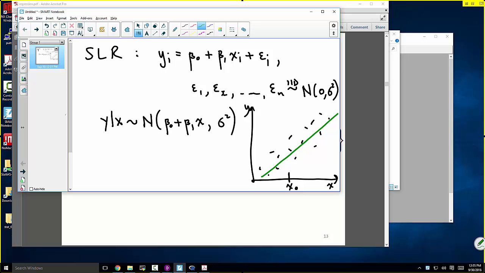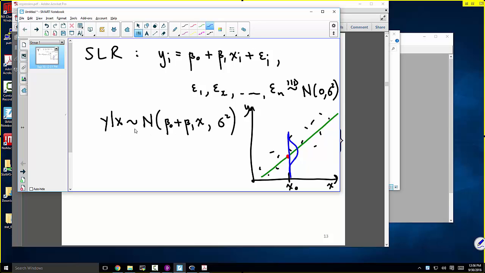But that's on average. We still see this bobbing around this deterministic relationship. At any particular value x0, we have that the response is normally distributed about the line. That blue curve is just the residual curve, normal with mean 0, variance sigma squared, rotated and put on the line at that specific point.